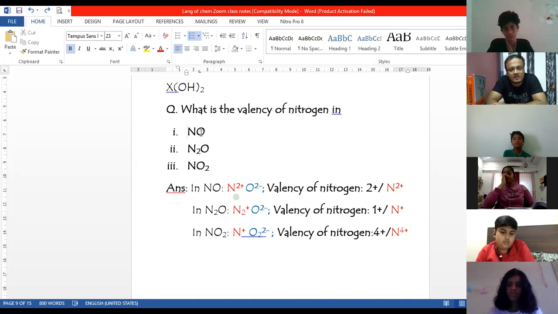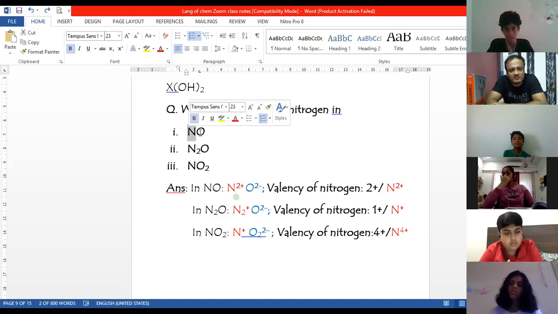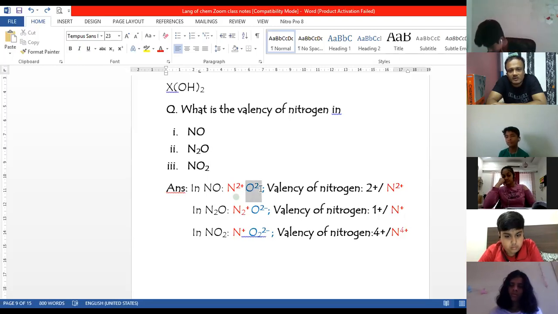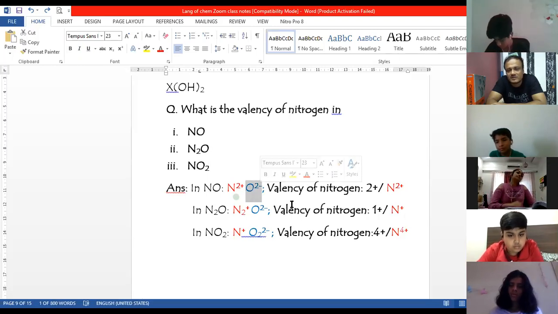Nitric oxide or nitrogen monoxide: since we have to find the valency of nitrogen, we have to know the valency of oxygen, and we are just comparing the number of atoms present in that particular compound. In the first compound we have one atom of oxygen and one atom of nitrogen. So the valency of oxide remains the same, because that is something we are taking as a relative measure.